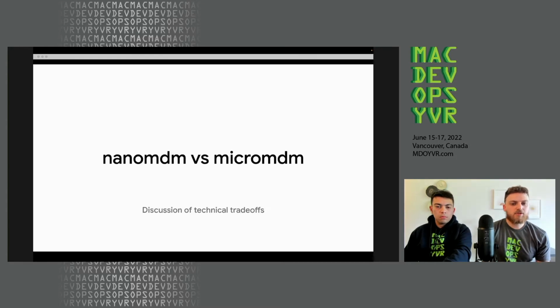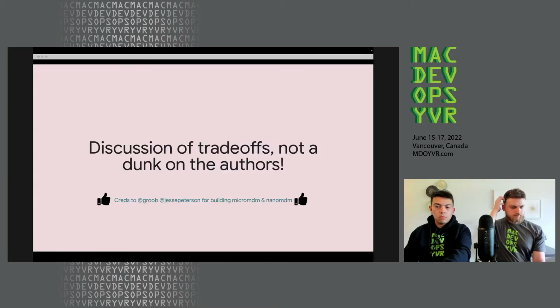So next, I'm going to talk about why we decided to do this project with Nano MDM by comparing Nano and micro. It might not be obvious why we chose Nano because, as I just discussed, my team has a lot of experience with micro MDM. And before I discuss the trade-offs, I just want to be clear that this is a discussion about technical trade-offs, and it's not meant to be a dunk on the authors for features or decisions they made.